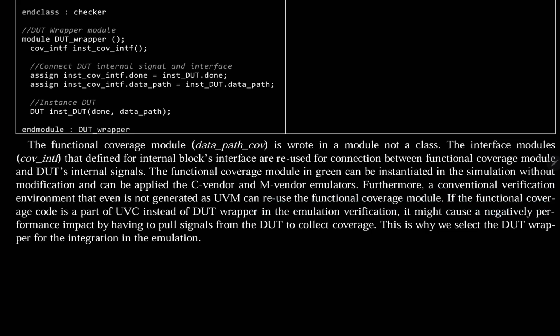If the functional coverage code is a part of the UVC instead of the DUT wrapper in the emulation verification, it might cause a negative performance impact by having to pull signals from the DUT to collect coverage. This is why we selected the DUT wrapper for integration in the emulation.